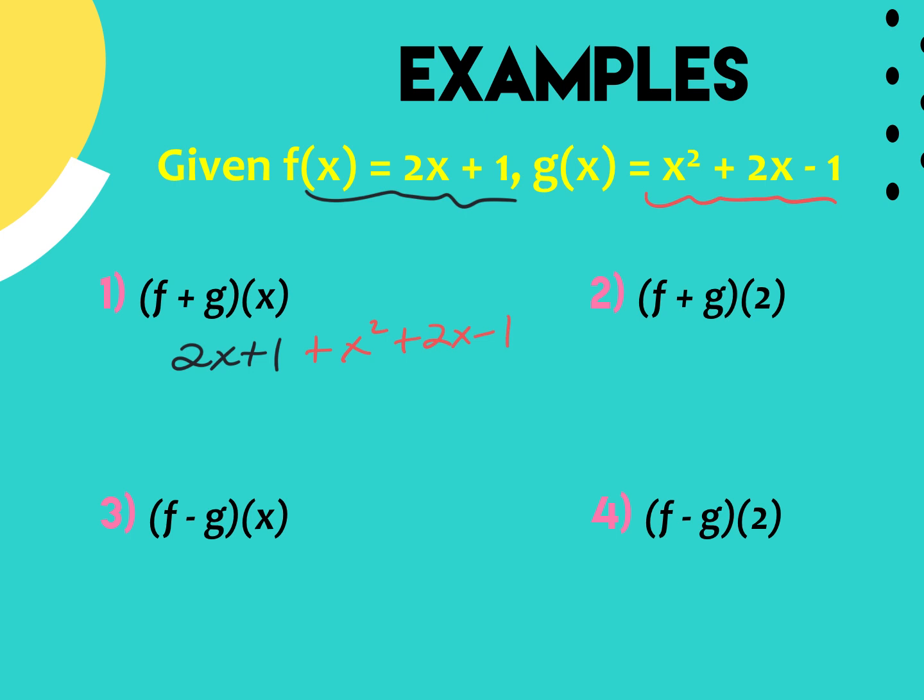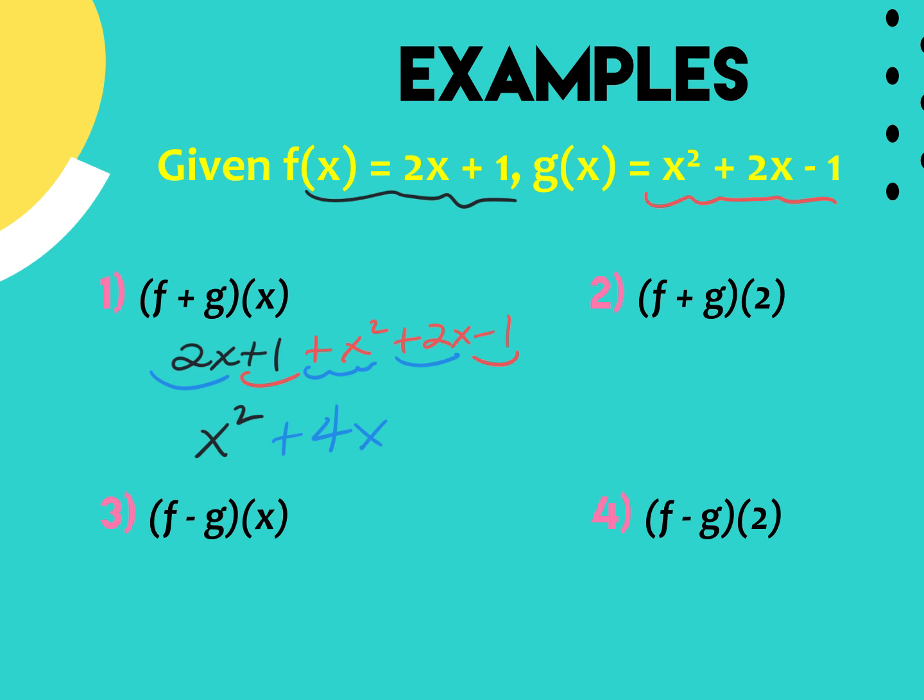Notice I do not have any like terms to combine with the x squared, so that one I'll just rewrite. Then I have a 2x and a 2x. So 2x plus 2x, I get 4x. And then notice the 1 minus 1, that's 0, and I don't have to put plus 0 or minus 0. So that would be adding, or combining, the f of x function with the g of x function using addition.